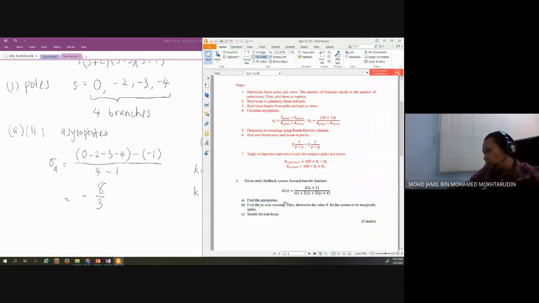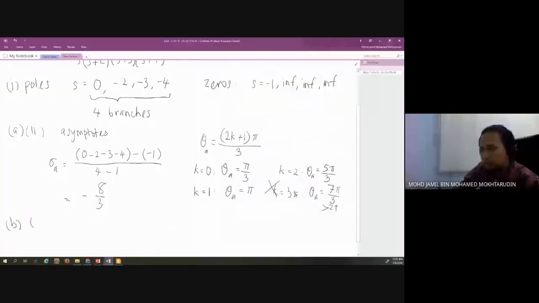And then question B asks you to calculate the jw axis crossing and determine the value of K for the system to be marginally stable. This is the same as rule number 5. You need to use the Routh criteria.